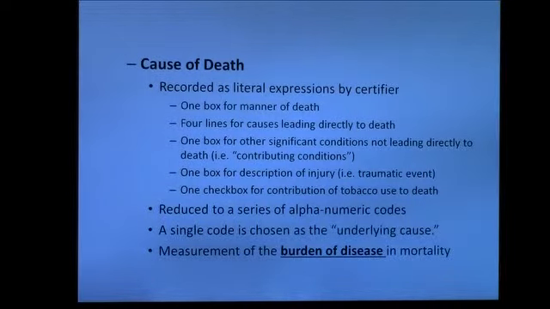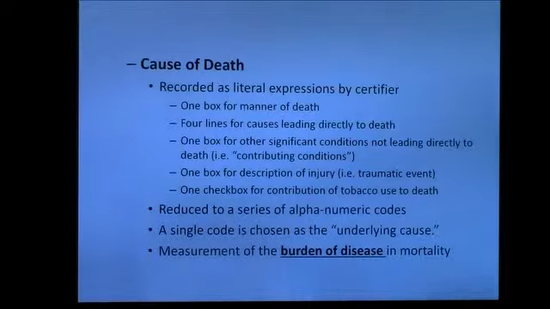And in the cause of death section of the death certificate, we have a checkbox for the manner of death, four lines for the causes leading directly to death, one box for other significant conditions not leading directly to death but still contributing.